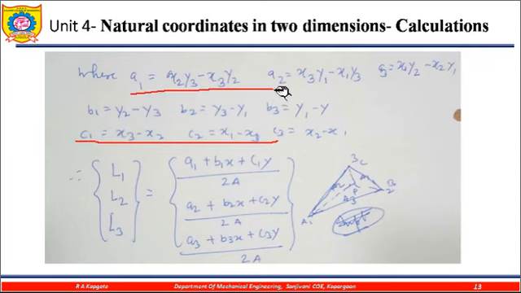So finally I am getting the L1, L2, L3 matrix equal to A1 plus B1x plus C1y divided by 2a, A2 plus B2x plus C2y upon 2a, A3 plus B3x plus C3y divided by 2a. So this is the conversion or the transformation.